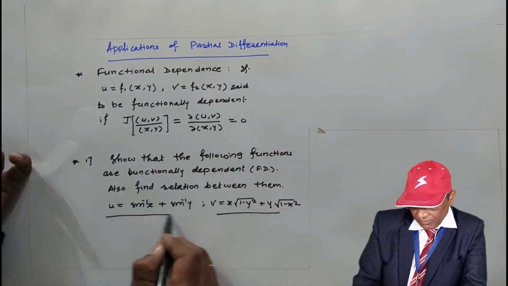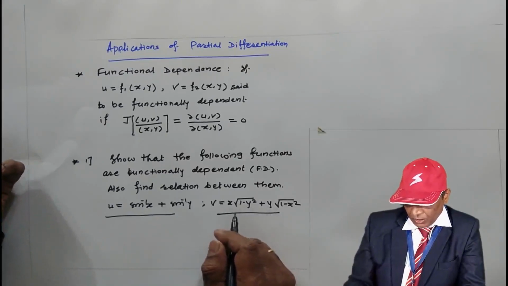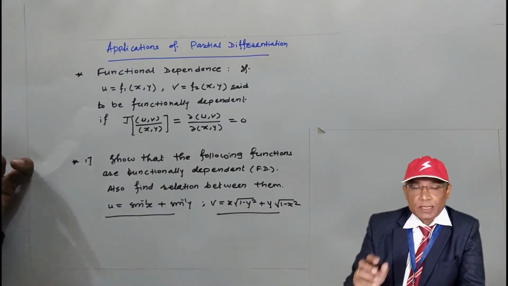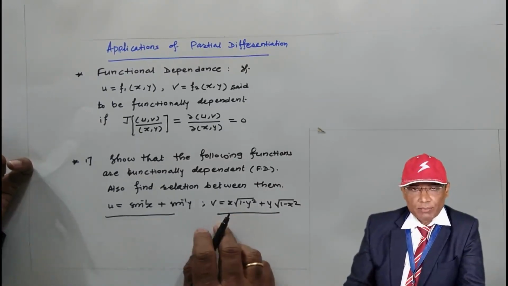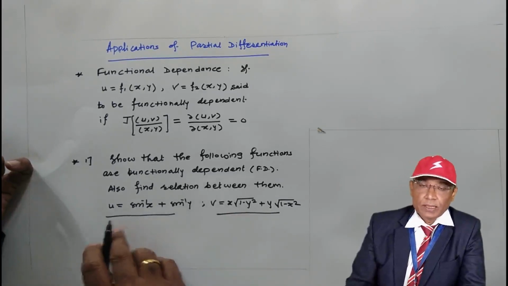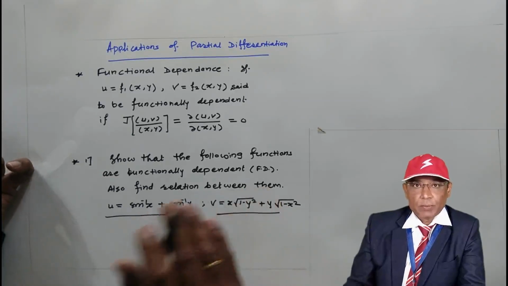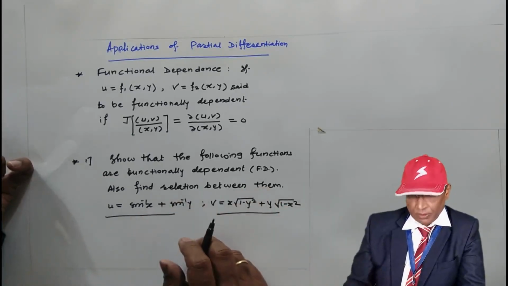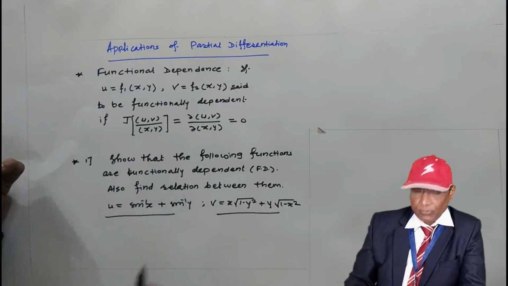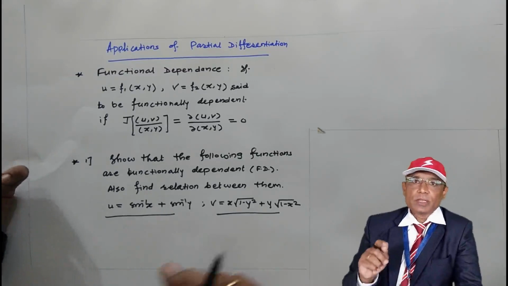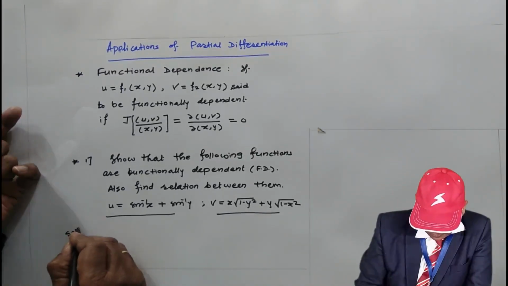So we have to select the trigonometric formula so as to fit these two variables u and v. But when you find the relation between u and v, there should not be x and y; it must be free from x and y, exclusively in terms of u and v. The first part is to show functional dependence of these two variables. We are going to solve it.